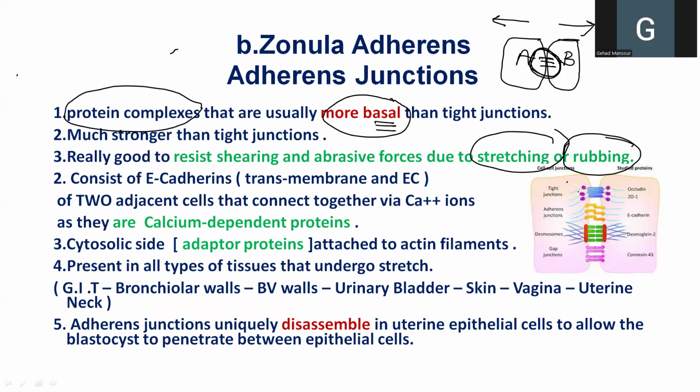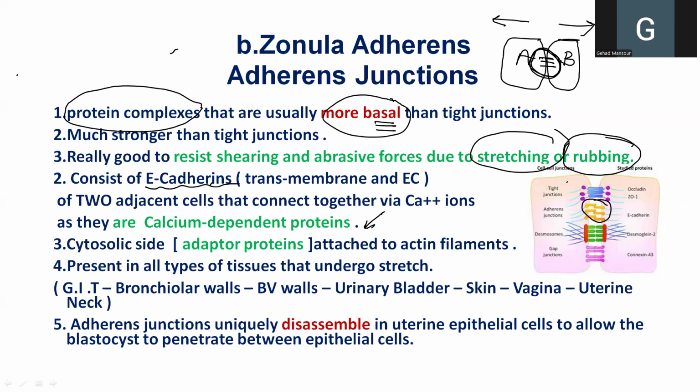We have explained their structure, and we have explained the transmembrane and extracellular parts: the E-cadherins, the ones that appear yellow or orange here, consist of two parts, and these two parts require calcium ions to attach to each other. So the E-cadherins are considered calcium-dependent proteins. Why?